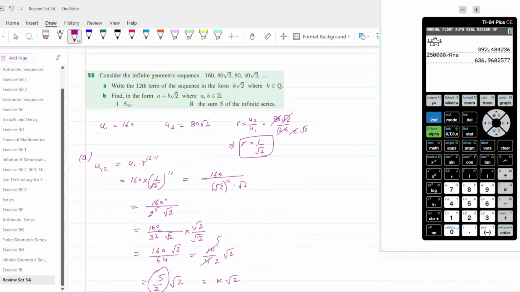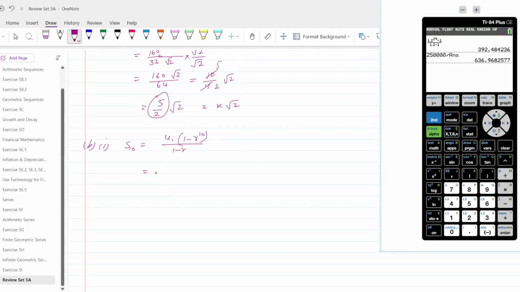So u1 is 160 times 1 minus 1 by root 2 raised to the power 10 divided by 1 minus 1 by root 2. So this becomes 160 times 1 minus 1 by 2 raised to the power 5 divided by 1 minus 1 by root 2. And this can be written as 160 times 2 raised to the power 5 is 32.